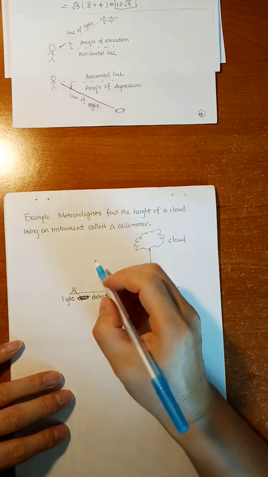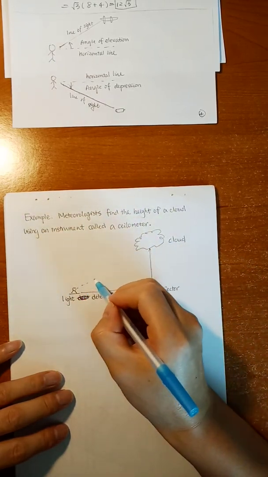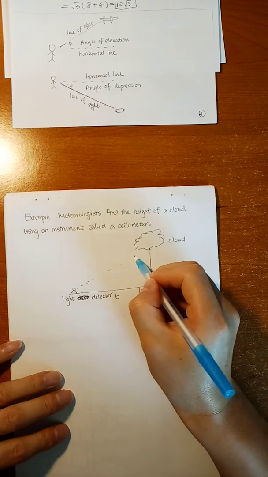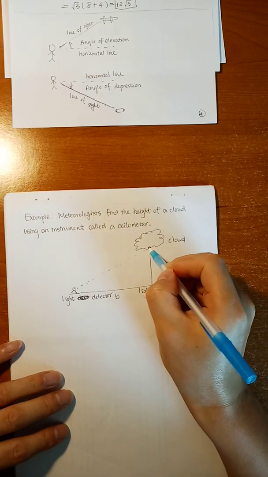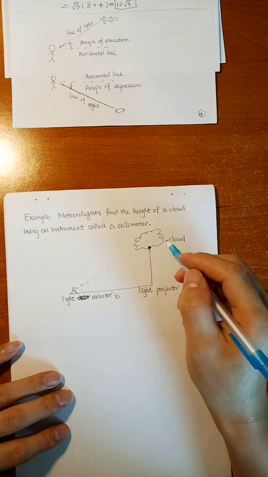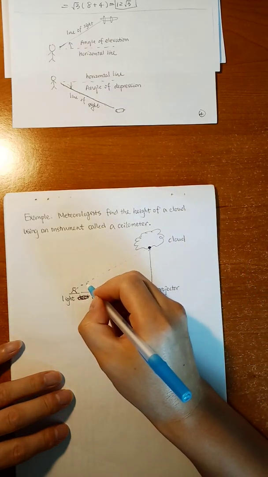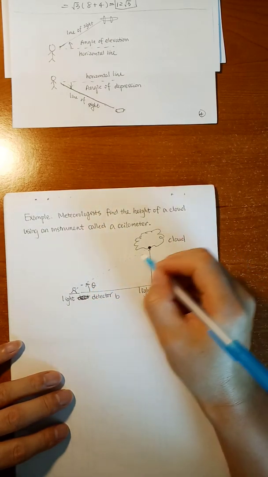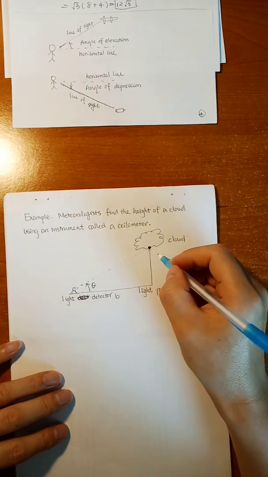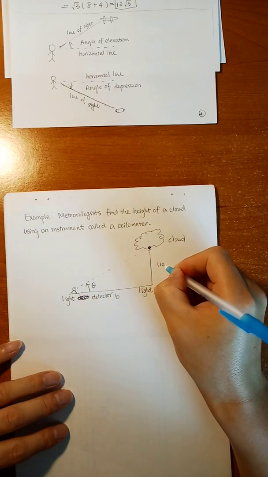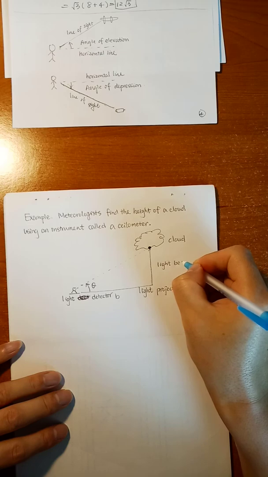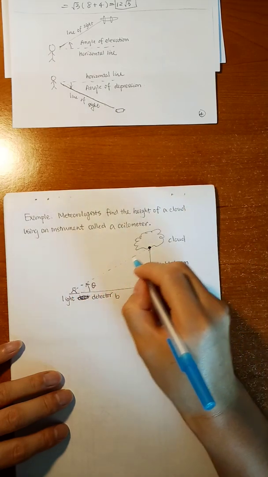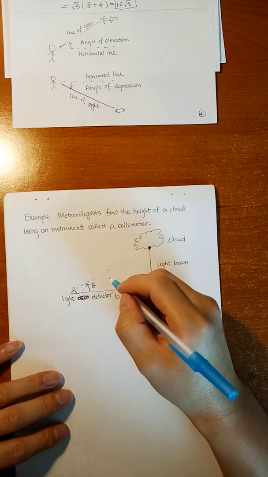This light detector can catch this light spot on the cloud. And then we measure the angle formed by this light beam, which is the angle of elevation.